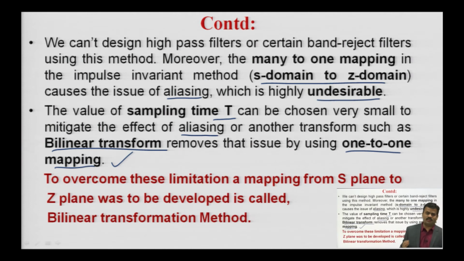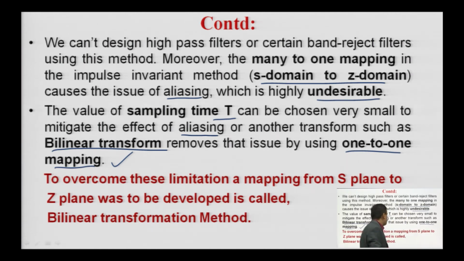So, these are the advantages of bilinear transformation, or you can say these are the limitations, because if any method has some advantages, that method also has some limitations. So, these are the limitations of the impulse invariant method, by which you can design the IIR digital filter. Okay. So, I hope it is clear to everybody.